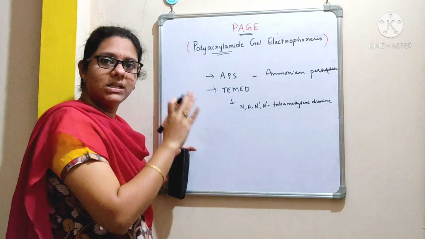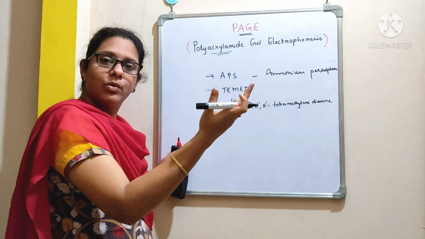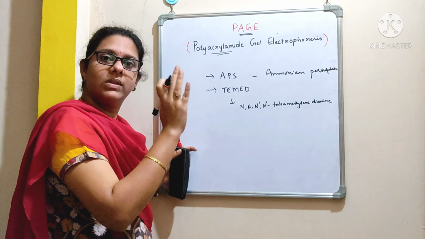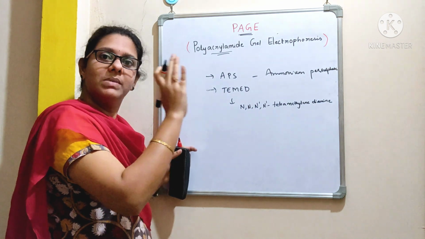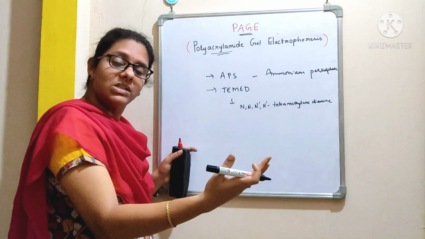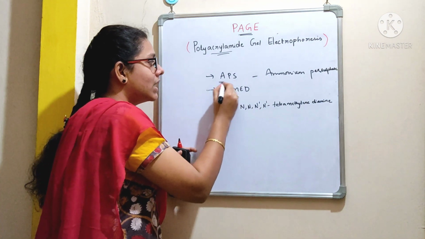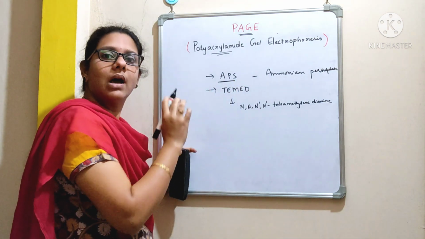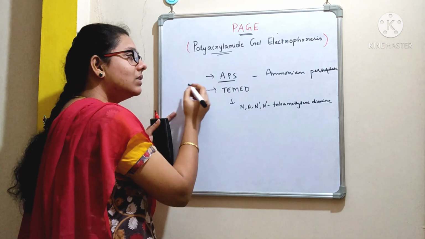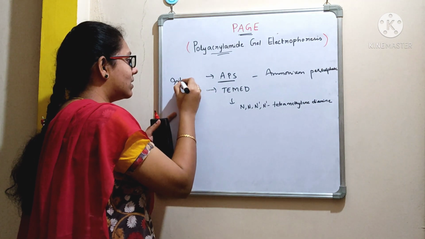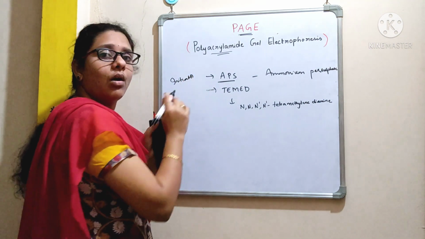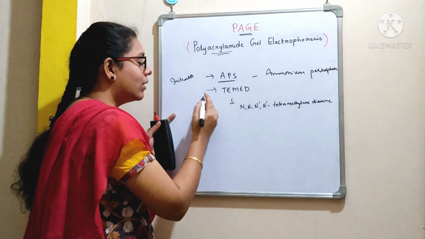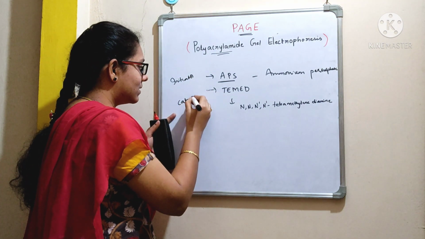It is going to denature the protein, and for the polymerization of the gel we are using acrylamide and bisacrylamide, and to initiate the process of polymerization APS is used, that is ammonium persulfate. So here the role of APS is initiator of polymerization, and the role of TEMED is catalyst.